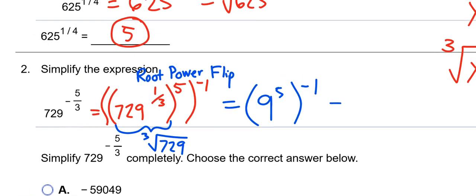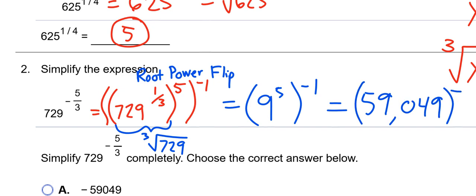You're going to need a machine for that, because nobody knows 9 to the 5th off the top of their head very easily. 59,049. And for our last maneuver, raising it to the negative first gives us 1 over 59,049.